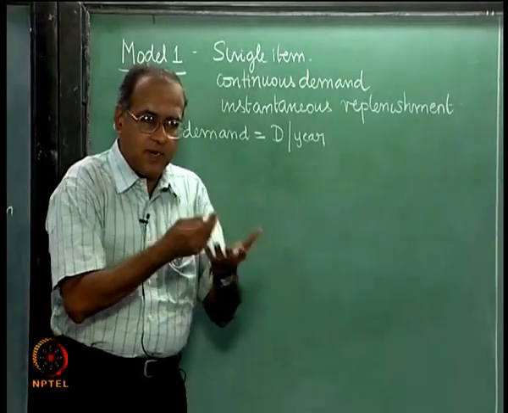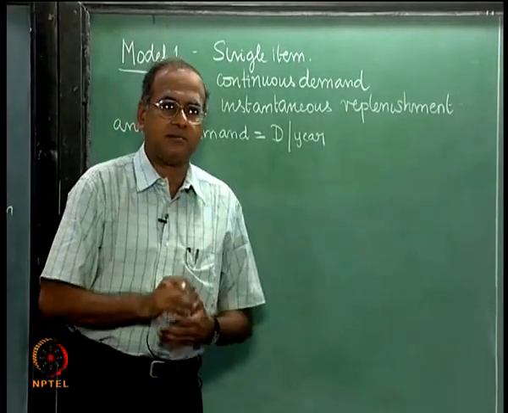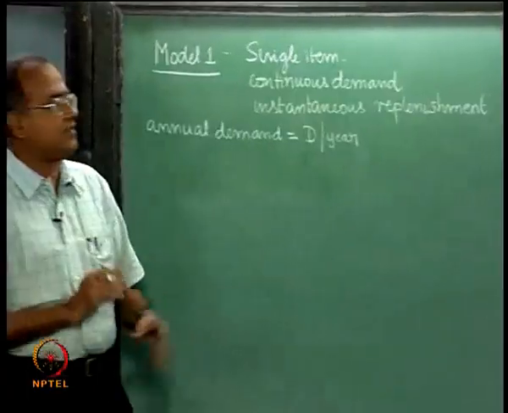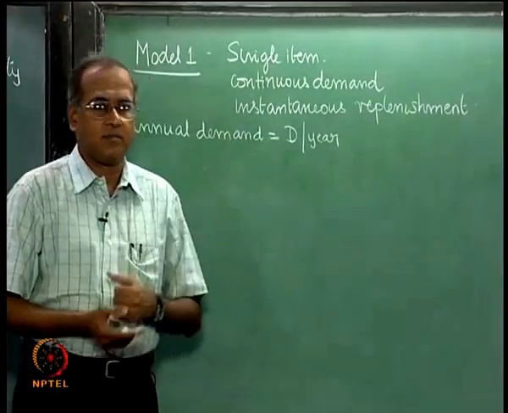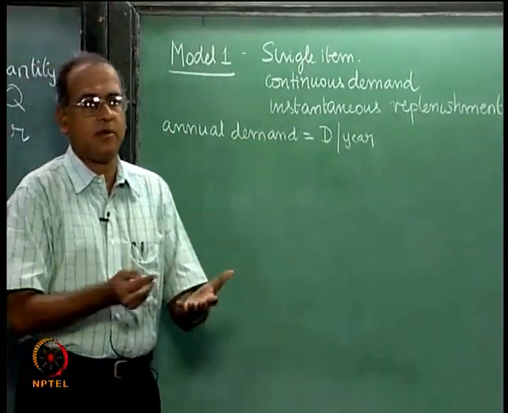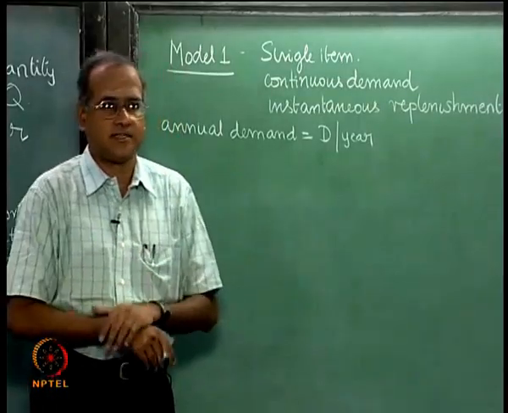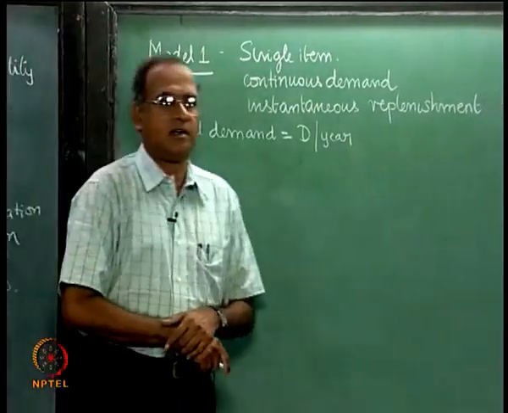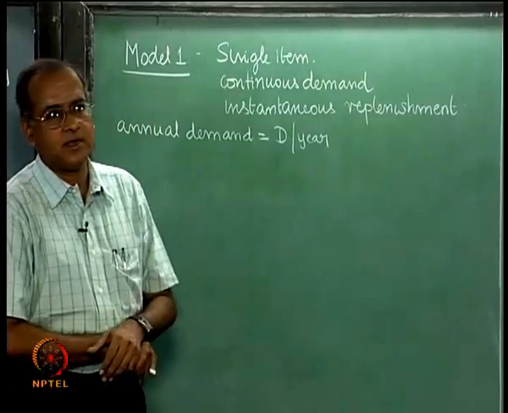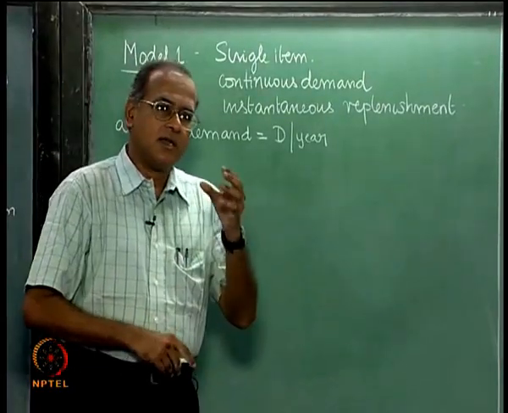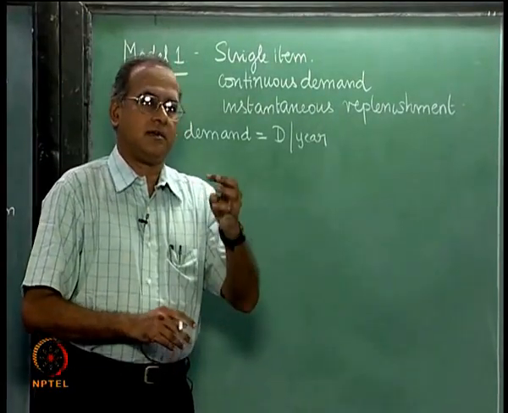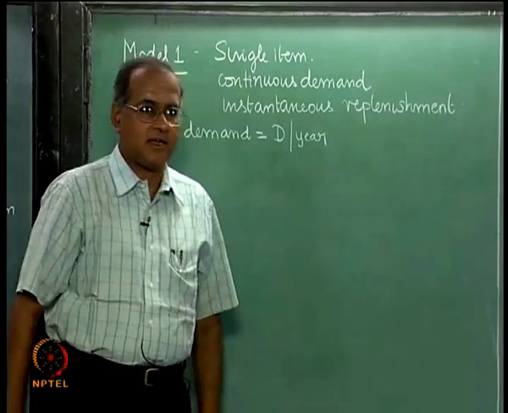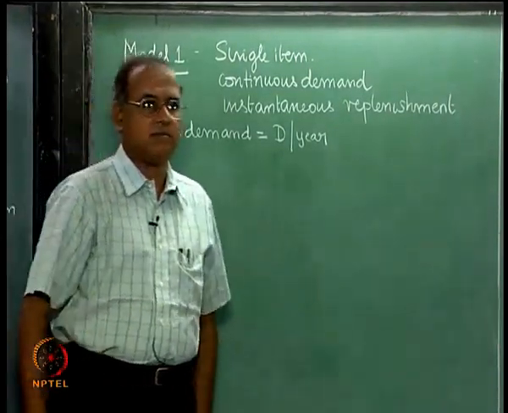To put it in simple, more understandable terms, it will be like saying if the annual demand is 10,000 and let us say if the company works for 250 days, then the daily demand is 40. If the company works for 8 hours a day, then the hourly demand is 5.